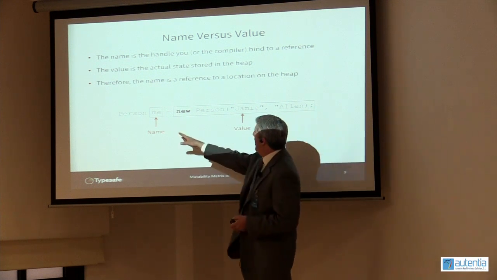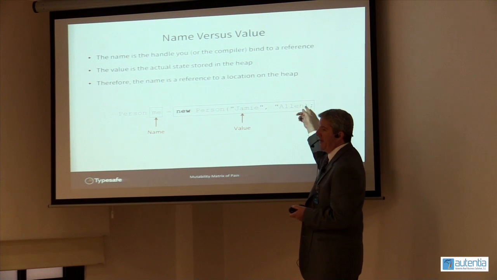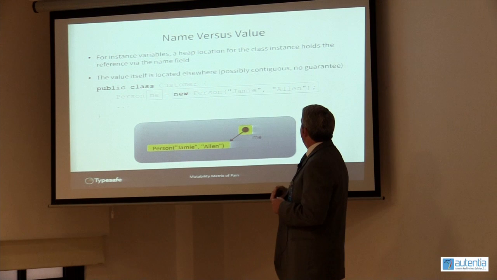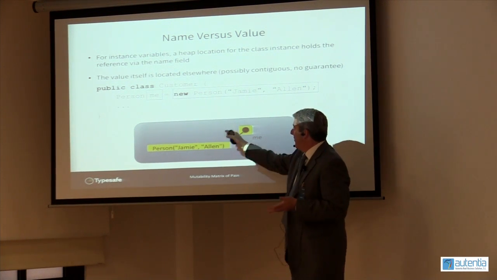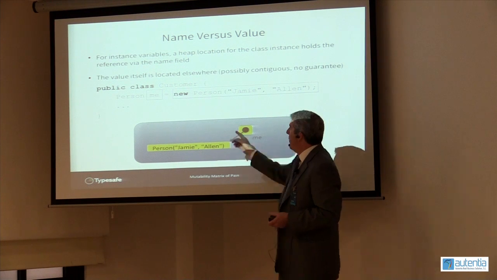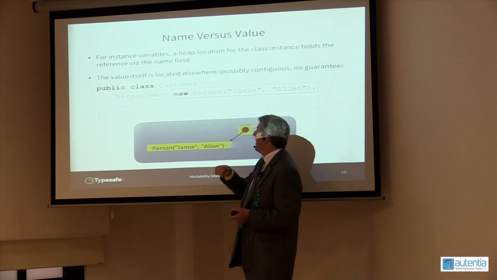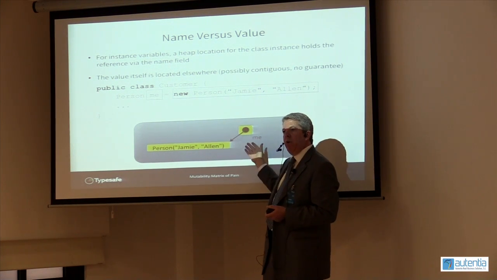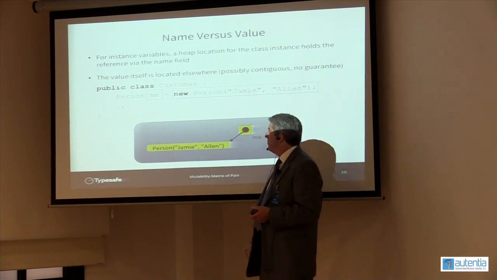So we have our pointer to some value. Anyway, to give you a representation of what that looks like, imagine that this is the heap. When we create a field in a class, at the top level of the class, we are creating a pointer inside of the heap that then points to a value.